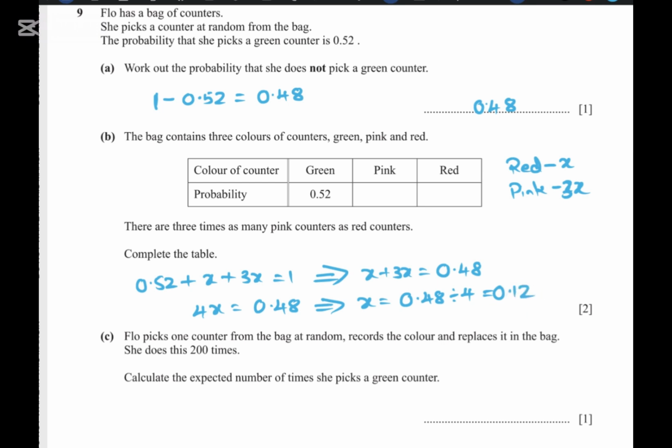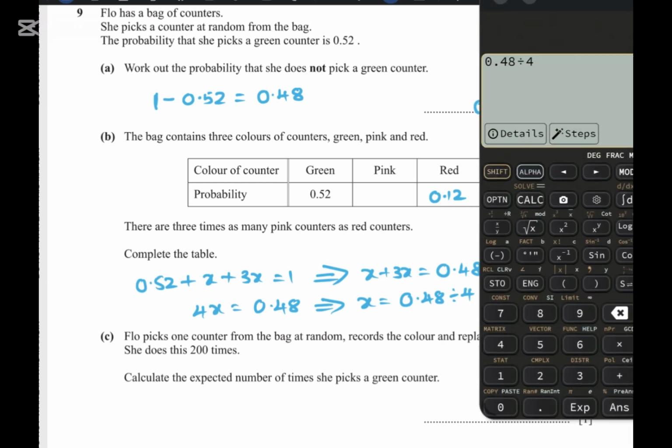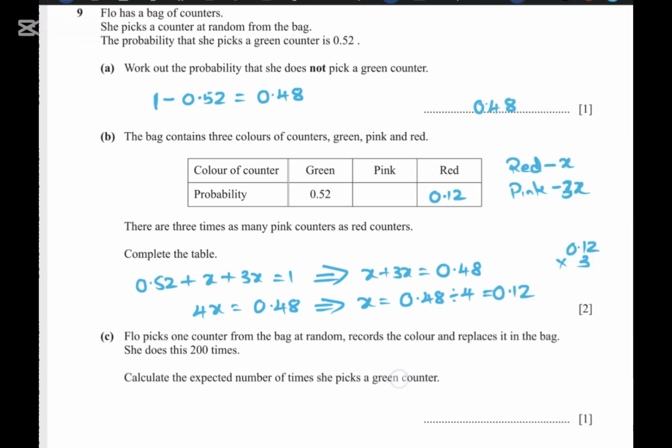Now we got the x value, so we can write 0.12 for red, because we have taken red as x. Now 3x is just 0.12 multiplied by 3, which is 0.36. So the answer is 0.36.